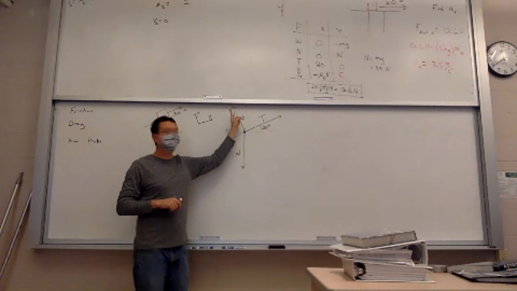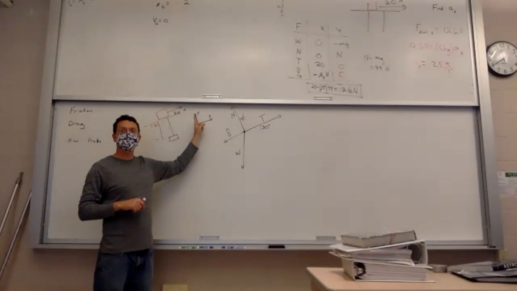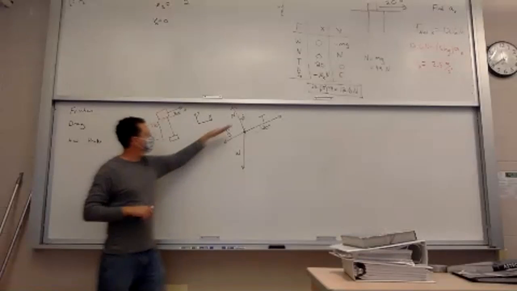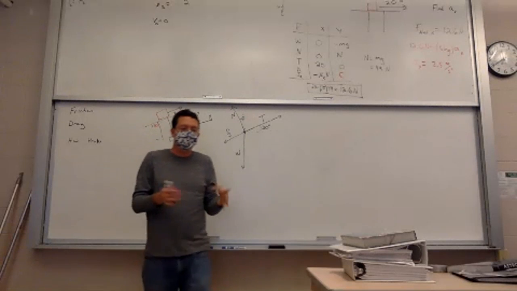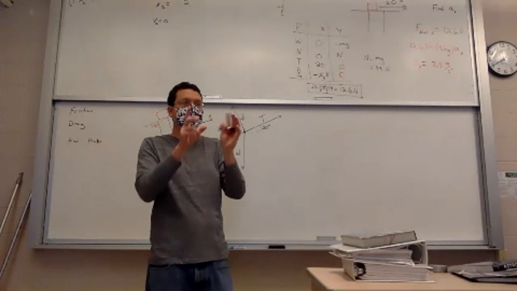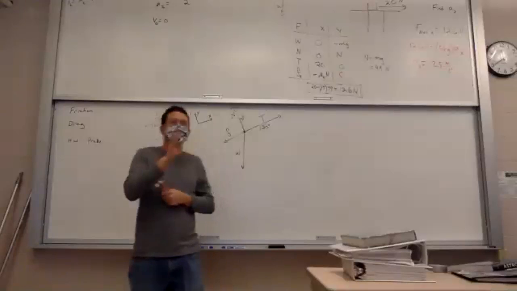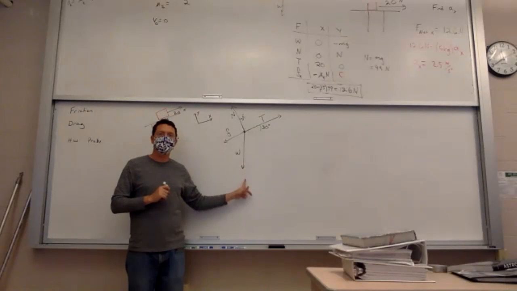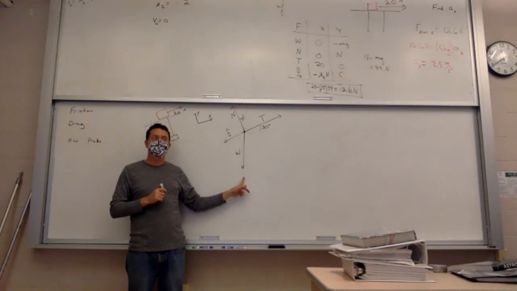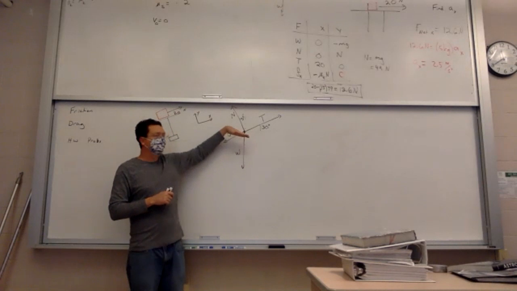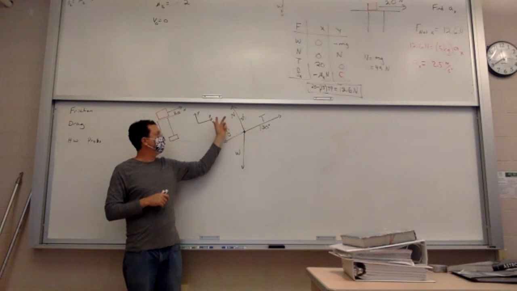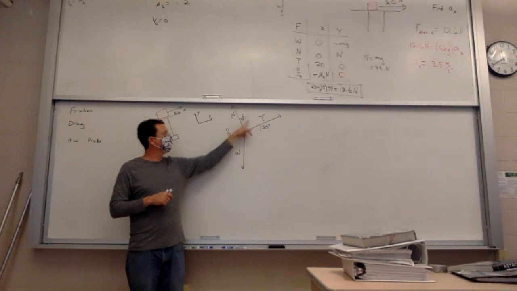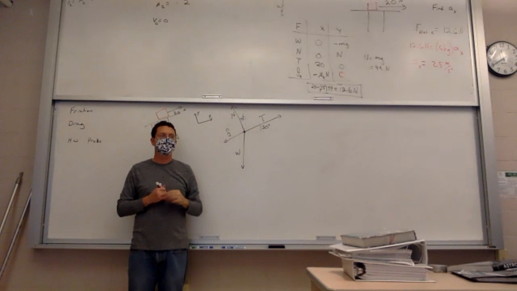Normal force is perpendicular to that, in the y direction. So friction, tension, and normal forces are already aligned with the axes I've chosen. The only one that requires any trigonometry is the weight. If you choose parallel and perpendicular to the ground, you're going to get trigonometry with friction, normal force, and tension. And that becomes more complicated.